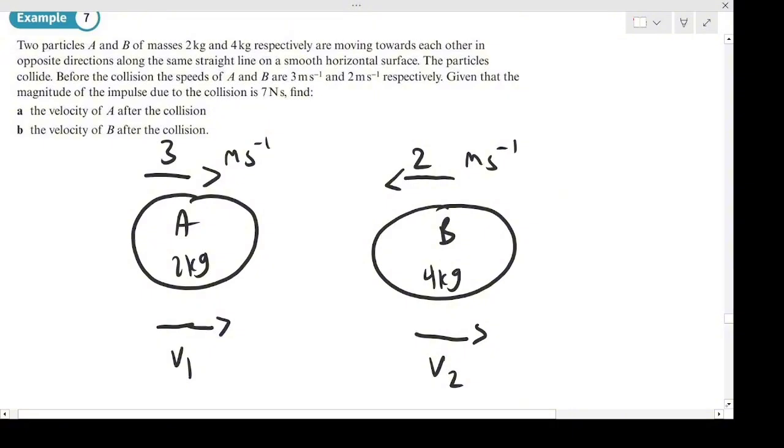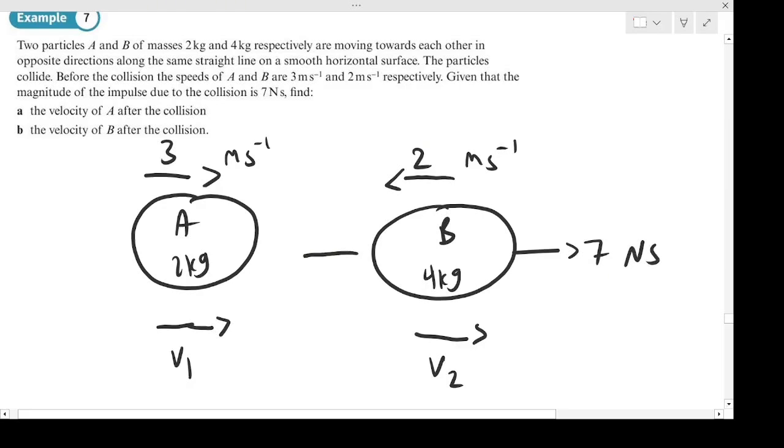Now, I'm also told information about the impulses. The impulse is 7. Okay, so remember the impulse, so A is going to push into B, like that, forwards. So B will get an impulse forwards. But the impulse is 7 Newton seconds.